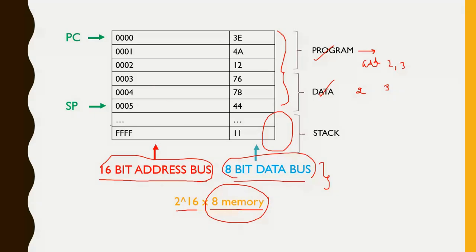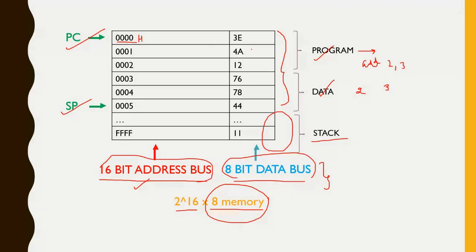Now the stack is pointed to by the stack pointer, right? And for the other memory, in which we store program and data, the address is stored in the program counter. So my program starts from 0000. I have told you that the address bus is of 16 bits. This is a hexadecimal number, right?